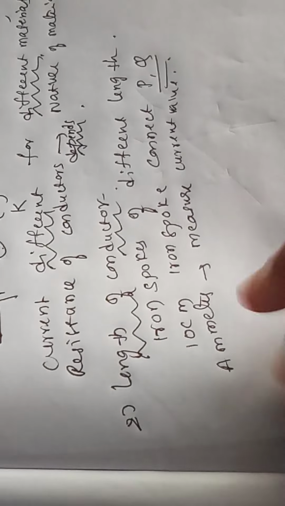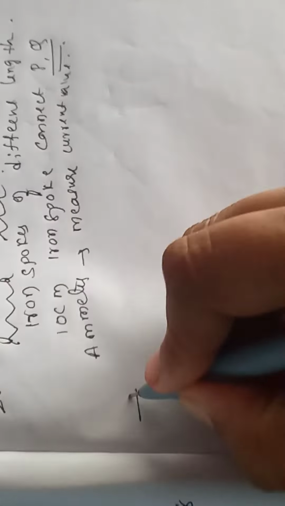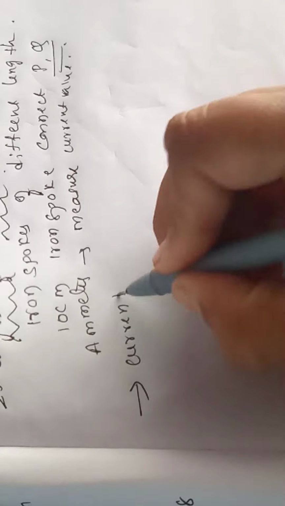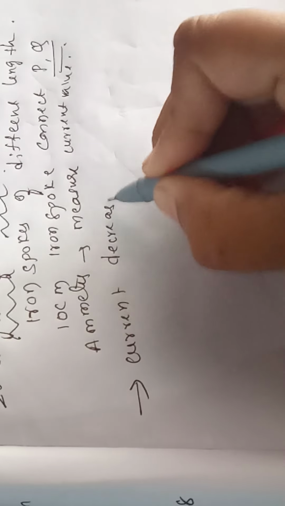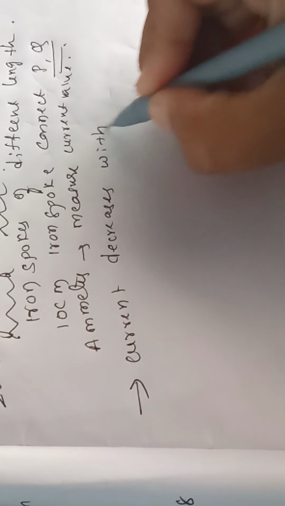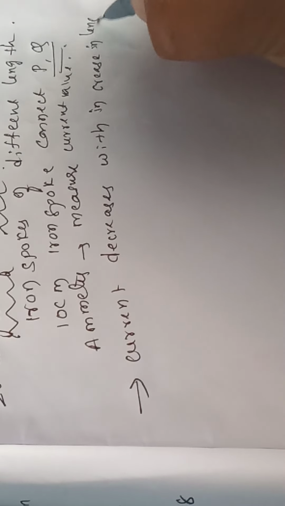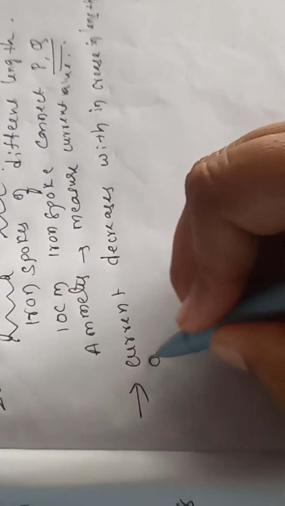So now you will find that current decreases with increase in length of spoke. Here what is happening?